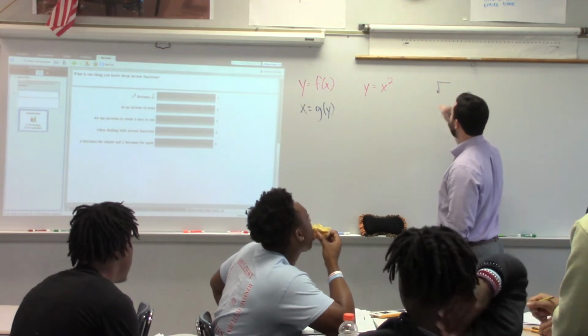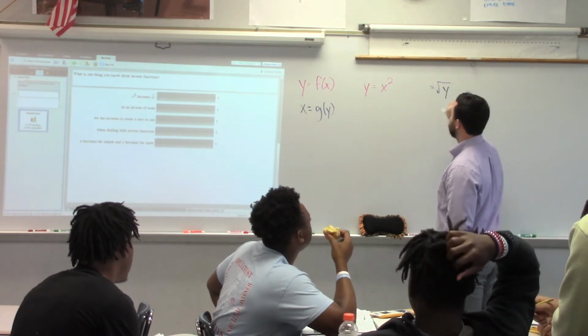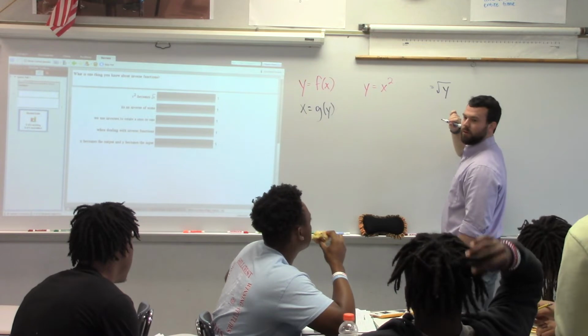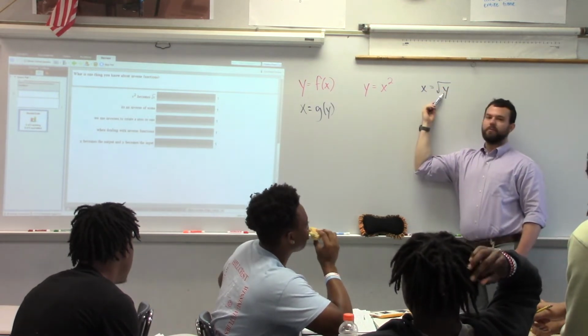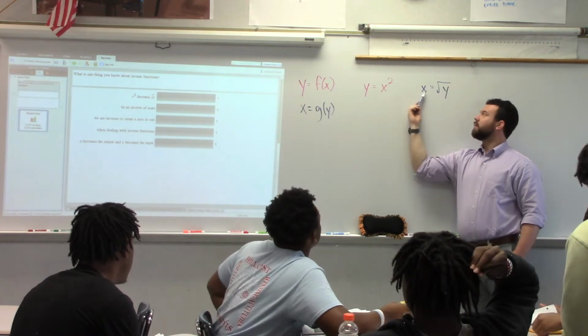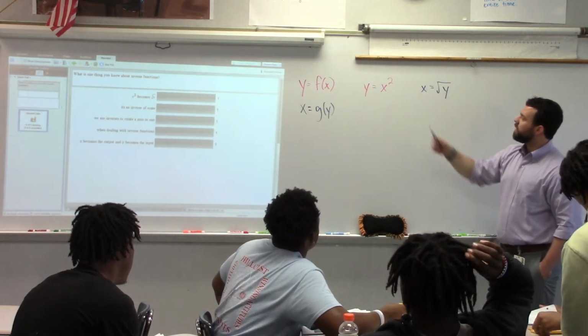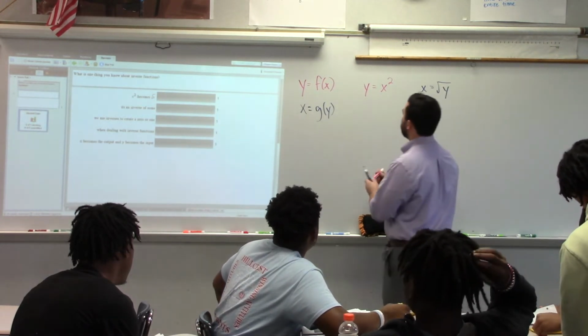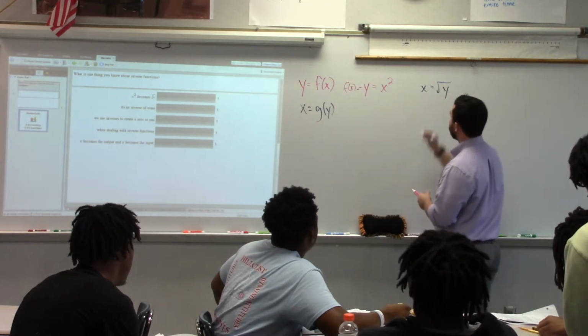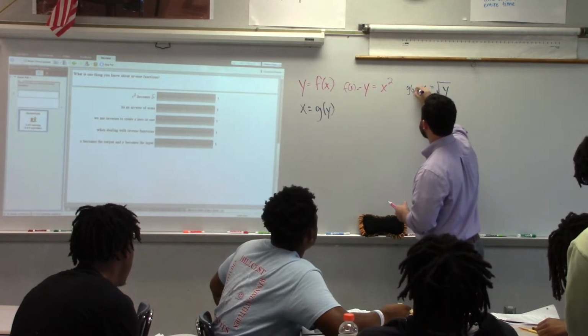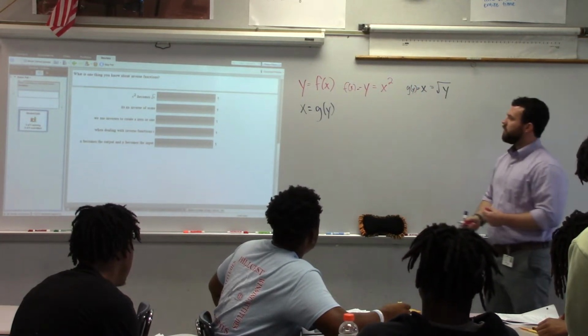Y. Square root of y is equal to x. What was the output becomes the input, and what was the input becomes the output. And so notice these would be inverse functions. You could say f of x equals that, or you could have said g of y is equal to that. Those are all different notations for that.